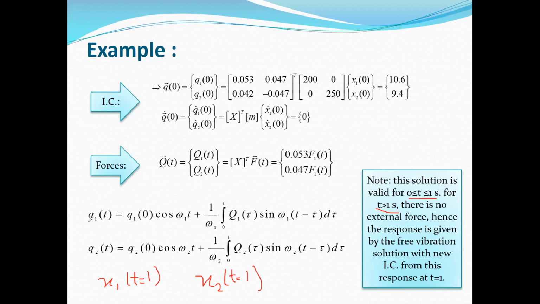Or for q, you should obtain q1 at t equal to 1 and q2 at t equal to 1, and also their derivatives with respect to time at t equal to 1. These are the initial conditions for the second interval, I mean for t more than 1. Then you can solve the homogeneous equation again by using these initial conditions to obtain the response for the second interval.